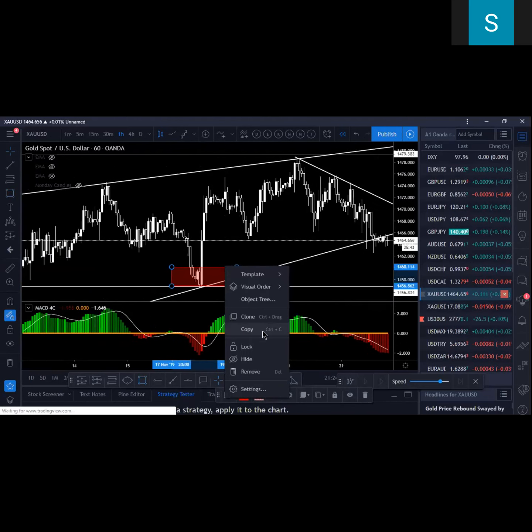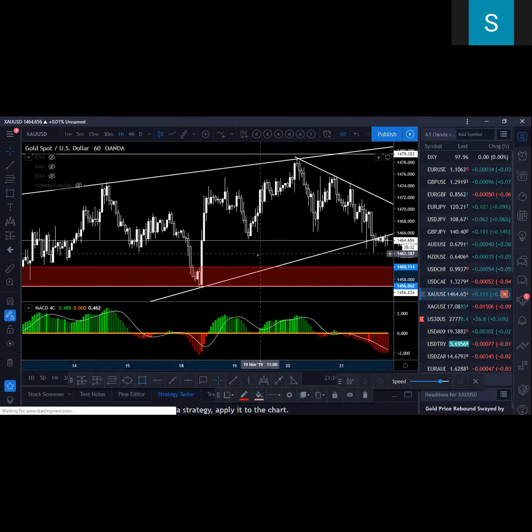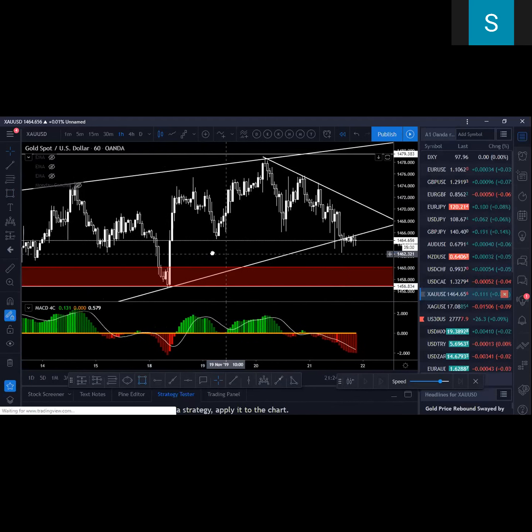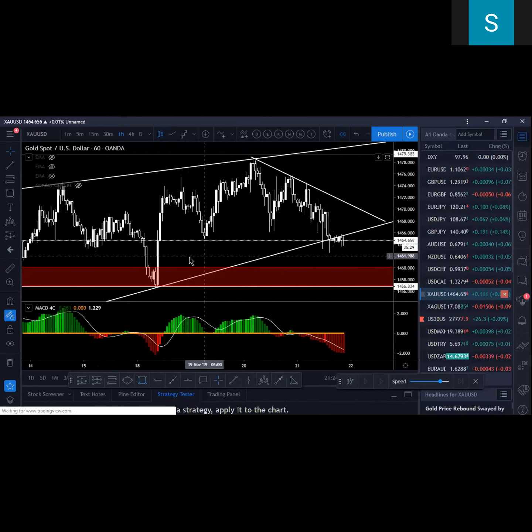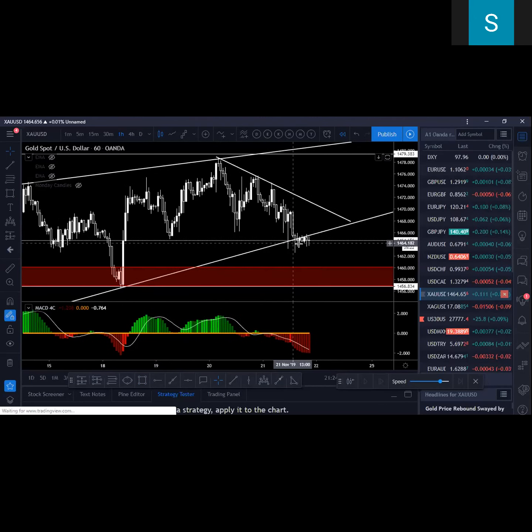Then I can extend it out, same thing we did before. I got a nice zone there. I'm watching price even make it all the way down to that zone, and it's starting to get a nice consolidation here again.